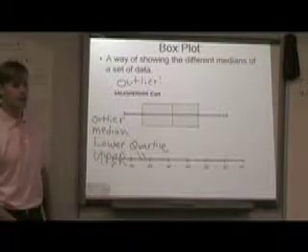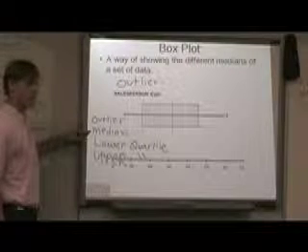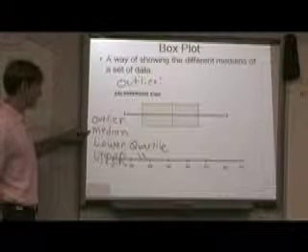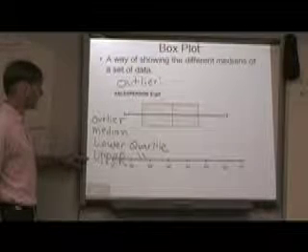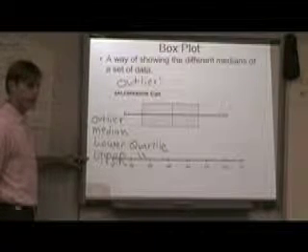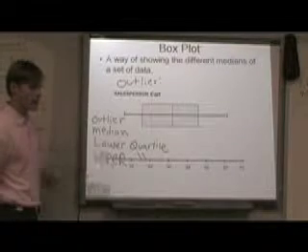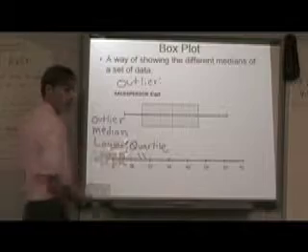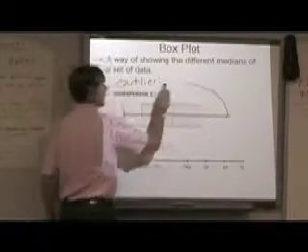So the things you need to know are what is an outlier, how to find the median, how to find the lower quartile, how to find the upper quartile. And when you're ready to graph your box and whisker, which this is a good example of, this and this will be your outliers.